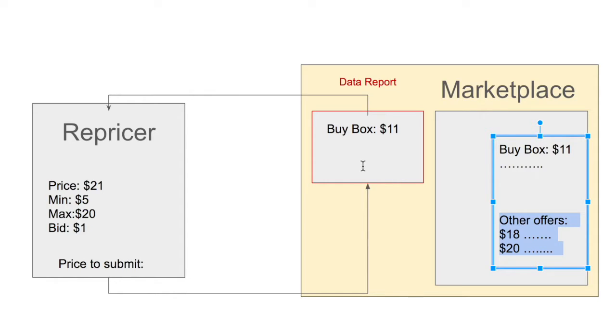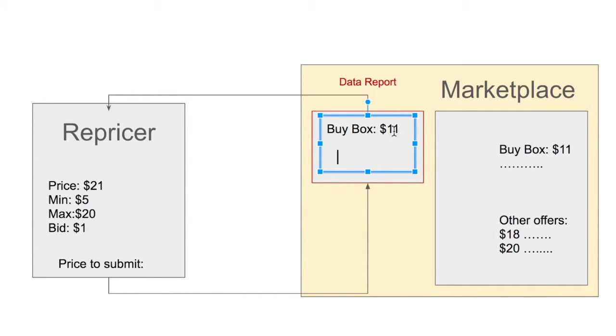Now, there is also this concept of a data report. In the ideal world, the data report is a report accessible to anybody from outside, which contains information about the current price of a particular product on the marketplace. So in this case, the buy box price is 11 and the data report contains this information.